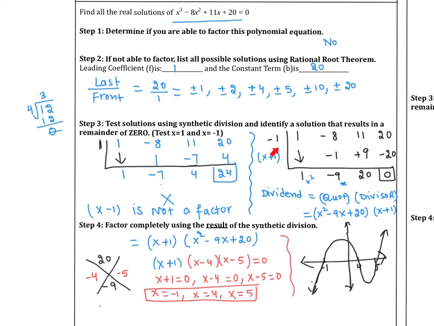If this doesn't give us remainder 0, you can try 2 and -2. If that doesn't give us remainder 0, then you can try the next numbers. But whenever you get remainder 0, stop right there, and this number with opposite sign will make one factor, and this quotient will make another factor.